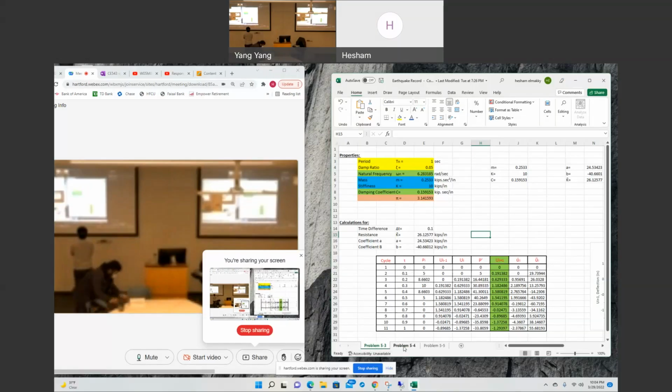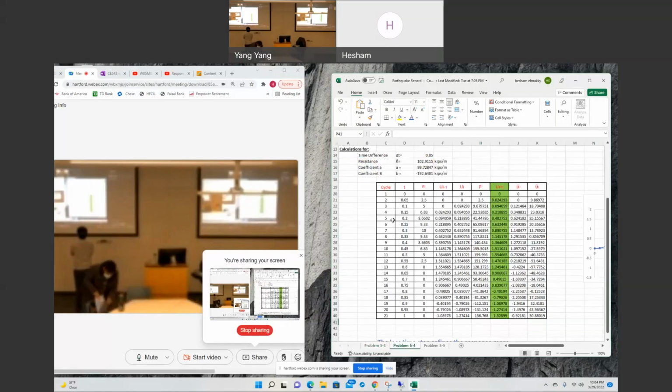Now in problem 5.4, I need to reduce the time step to go from 0 to 0.05. How much will be the force at 0.05, for example, because that was not given in the curve. It was only given at 0.1 as 5. So should I just interpolate between 0 and 5 and consider it as 2.5?